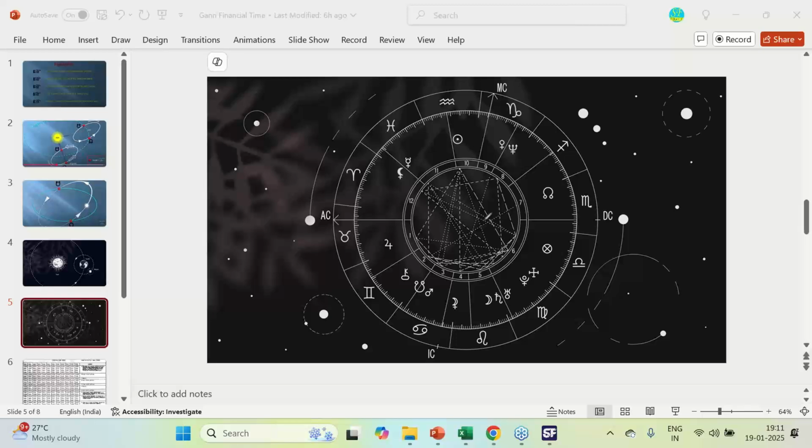Those who are into the subject of astrology will know about these symbols. There are 12 observation points: Aries, Taurus, and likewise. Here one lunar node is forming. This is a lunar node, and this is also a lunar node, which replicates it.